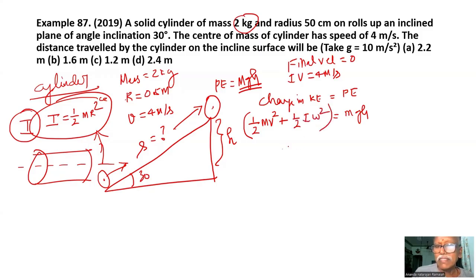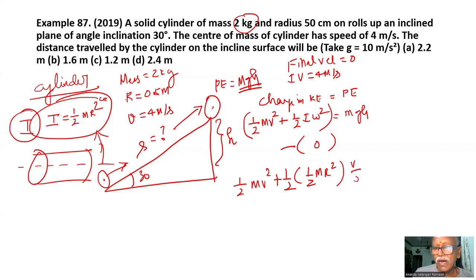Final kinetic energy is 0 because it rises and stops. Therefore, change in kinetic energy equal to mgh. Therefore, 1 by 2 mv square plus 1 by 2 I, where I equal to 1 by 2 mr square, omega equal to V by R whole square, equal to mgh.